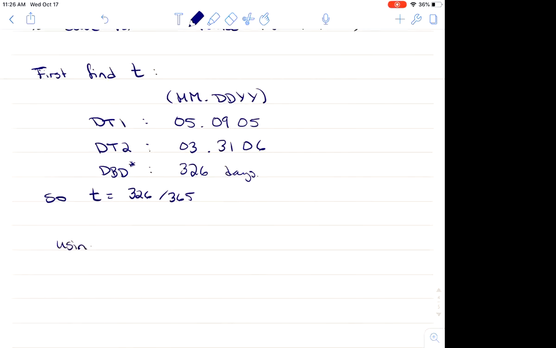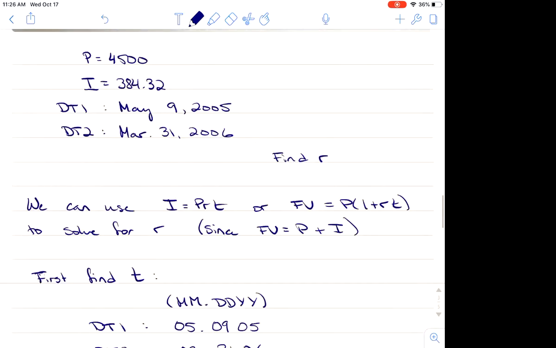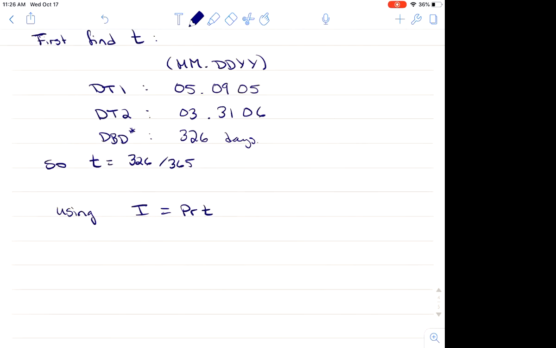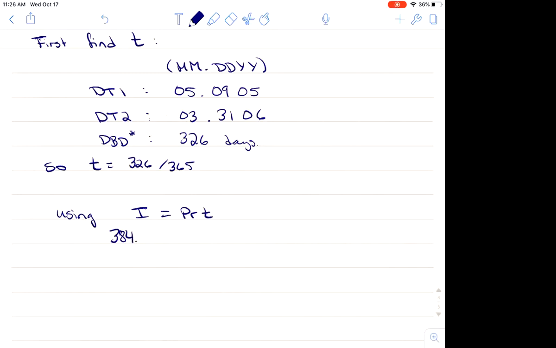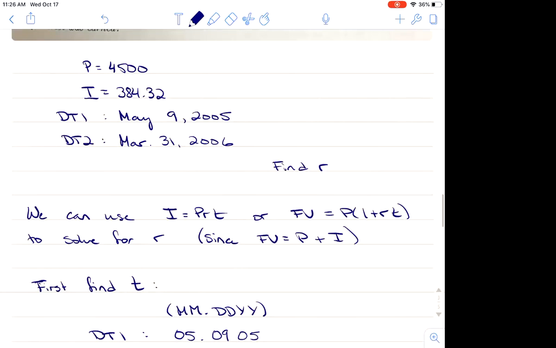So using I equals PRT, I think we can all agree that that's the easier one to use in this case. So I was 384.32. P was 4,500.